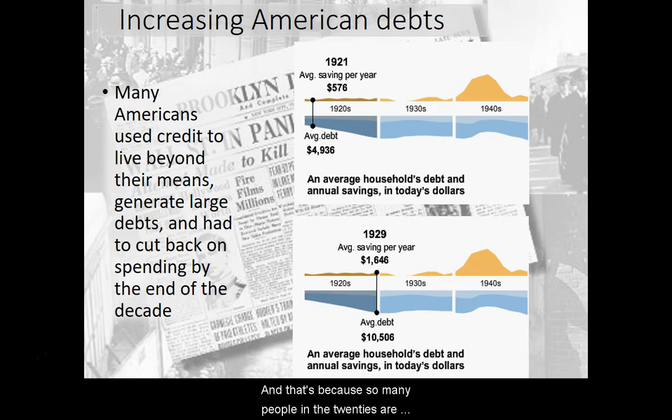And that's because so many people in the 20s are buying on credit. They're putting a down payment and paying it off in payments. So the average annual savings is going up, but so is the average annual debt. People owe more money by the end of the decade.